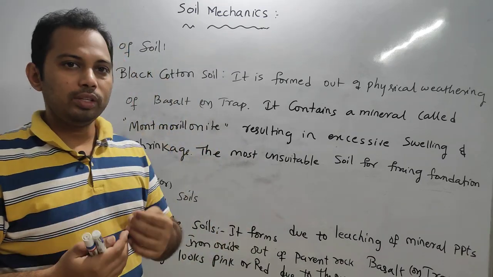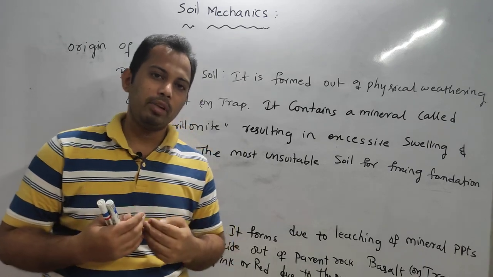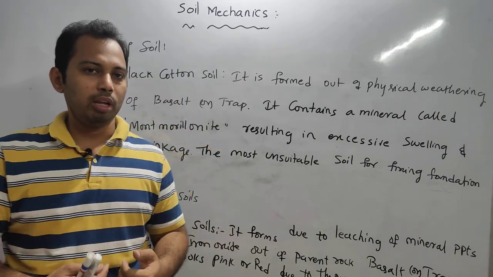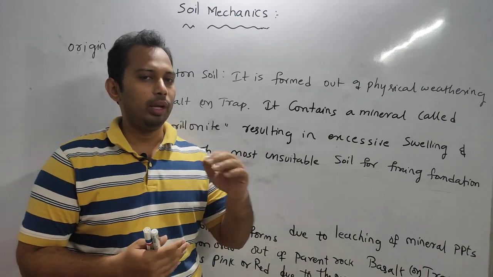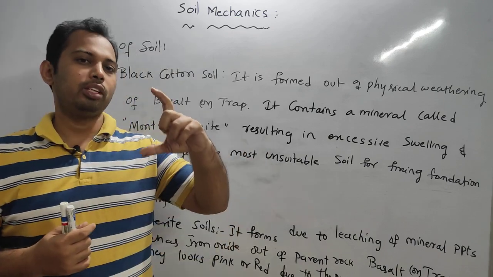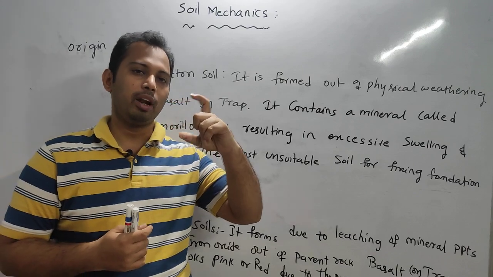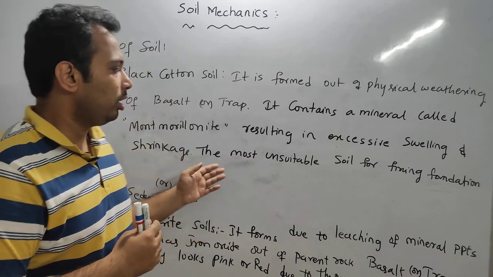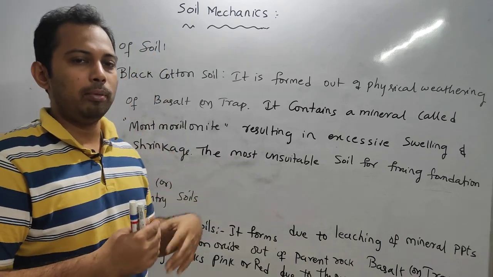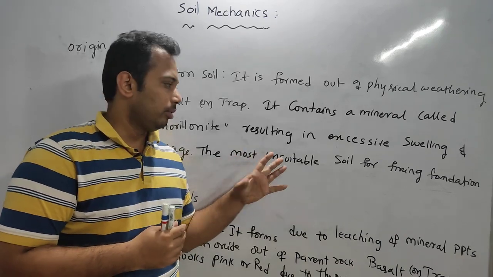So we need to know the soil behavior below 15 or 20 meters from the ground level, where you don't find residual soil. Residual soil is always confined to the top 1 meter or 1.5 meter of the earth's crust. So it is not necessary to study the properties of this soil.